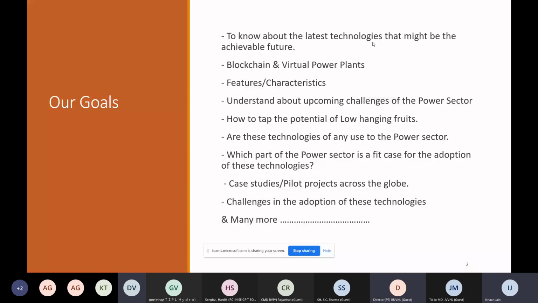And before going to larger adoption of this technology, we need to tap the potential of low hanging fruits, and we need to assess which part of the power sector is a fit case for adoption of these technologies. Basically, you can broadly classify the power sector into generation, transmission, and distribution.